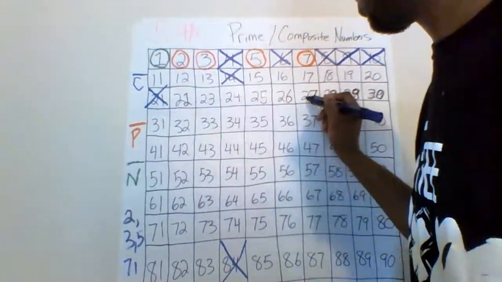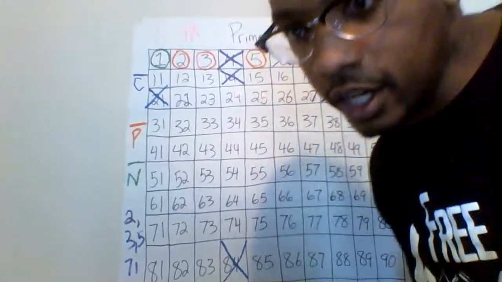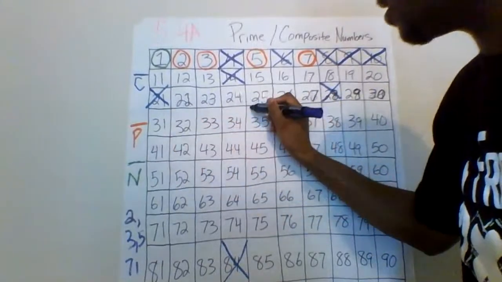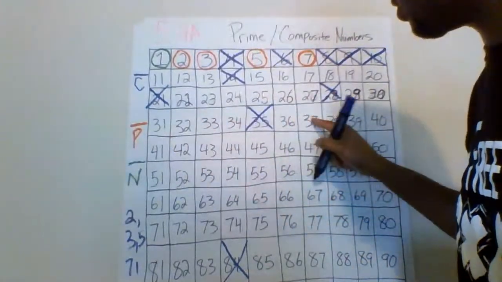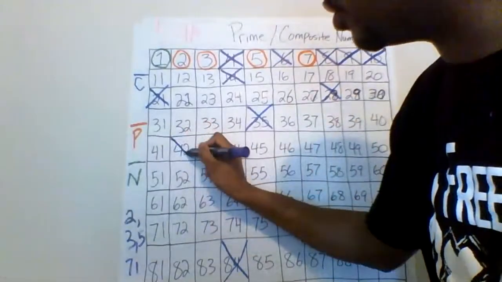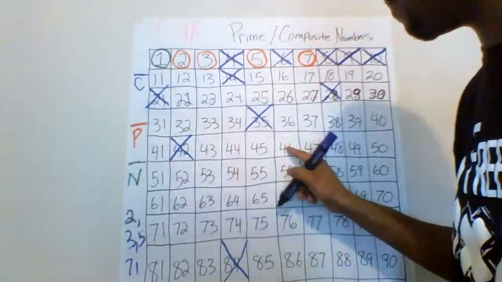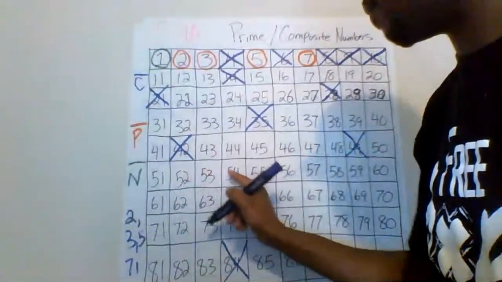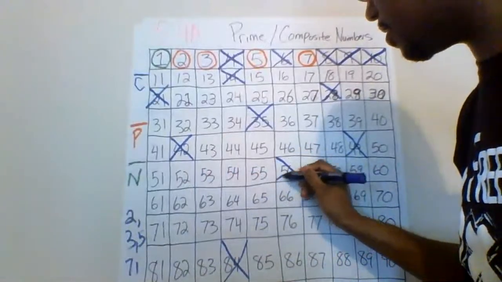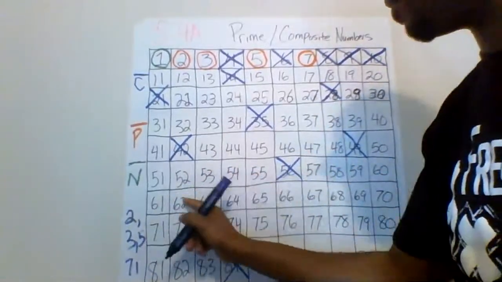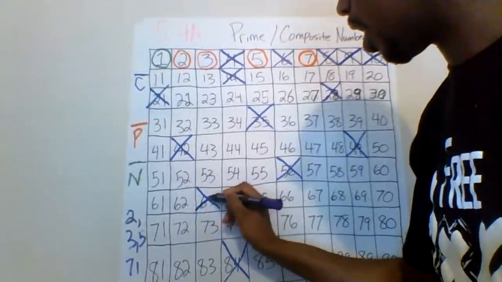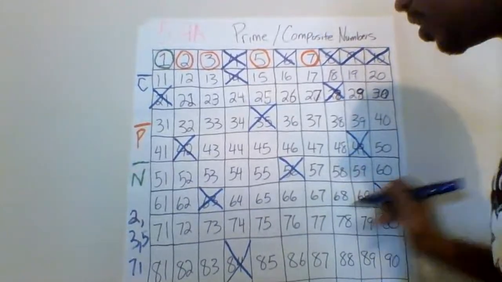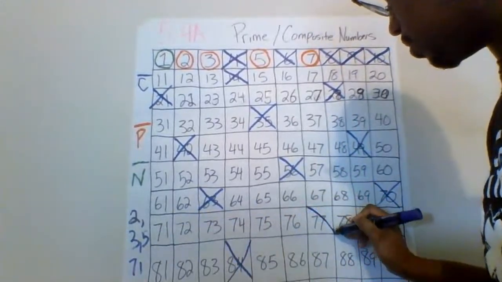Plus 7 more: 35, 42, 49, 56, 63, 70, of course. 77 is the next one.